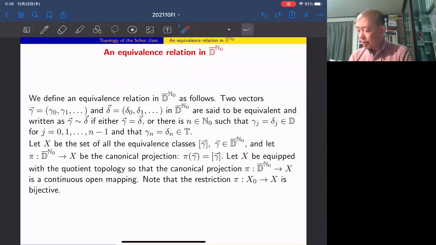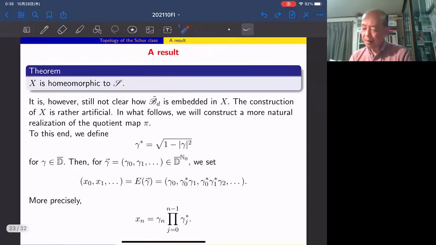And by the definition of this equivalence relation, the restriction of this canonical projection to X naught is actually bijective. Anyway, this capital X is homeomorphic to the Schur class, but still it's not so easy to understand the topology.